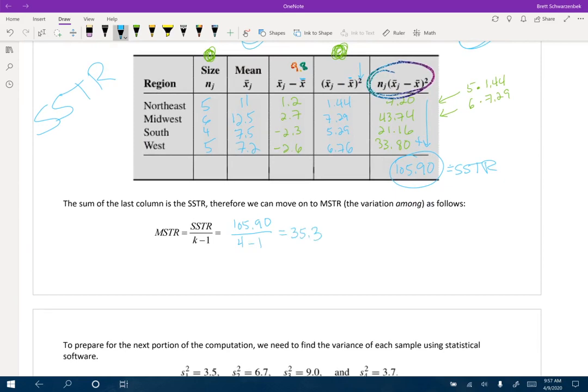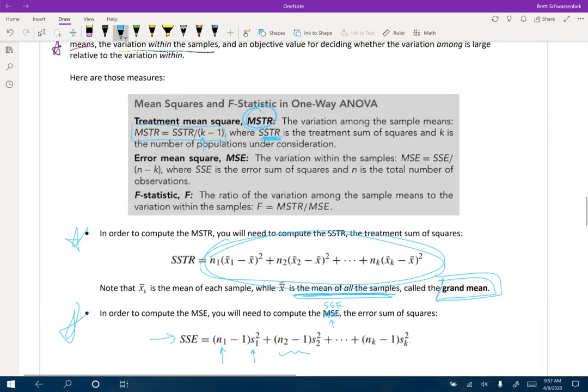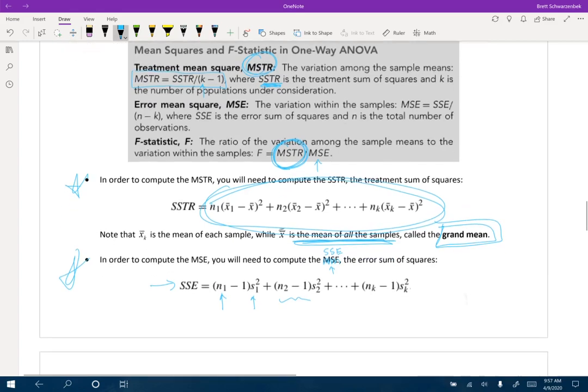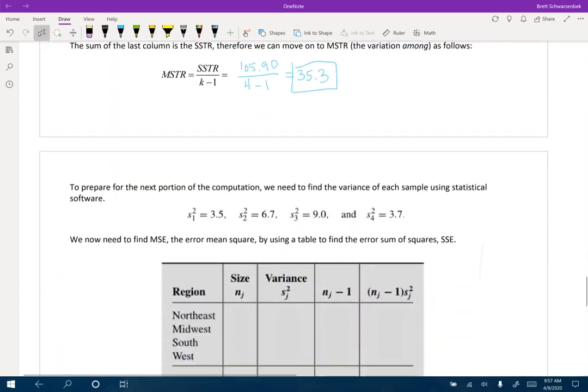Right away, that would be the first step of the process. To be clear, that is going to be the numerator of our F statistic. The only thing left is to find the denominator of our F statistic, and that'll be what's up next.